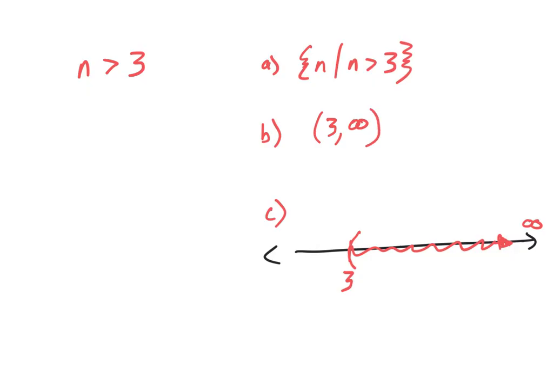Infinity will always have a parenthesis next to it because you can't stop at infinity. You can't include infinity. It's not an actual number. And so we're just going to go 3 to infinity. Okay? Questions so far?